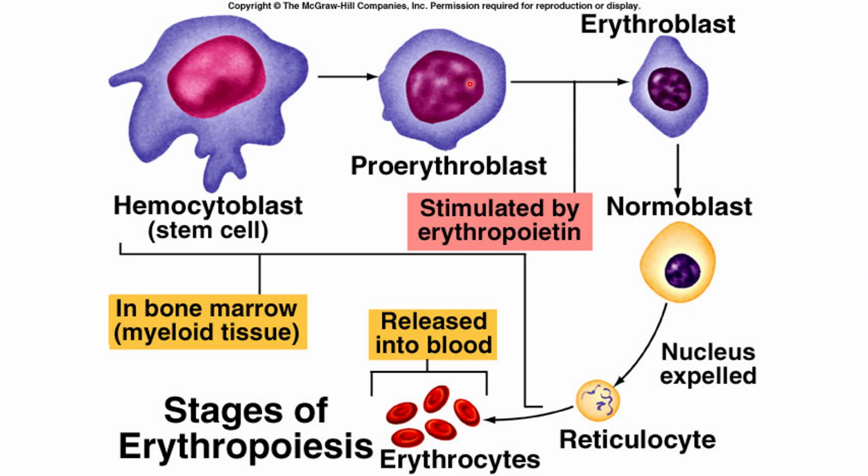That cell undergoes differentiation and develops into a normoblast. And then the nucleus is expelled, and we have what is called a reticulocyte. Once the mitochondria have been expelled too, what is released into the blood is a mature red blood cell that we refer to as an erythrocyte.